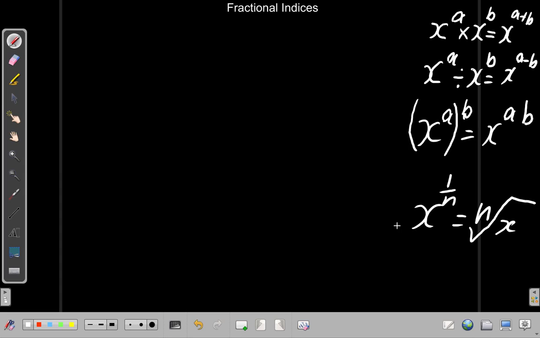In a previous video we saw that when you have a number raised to 1 over n, it is the same as the nth root of the number.